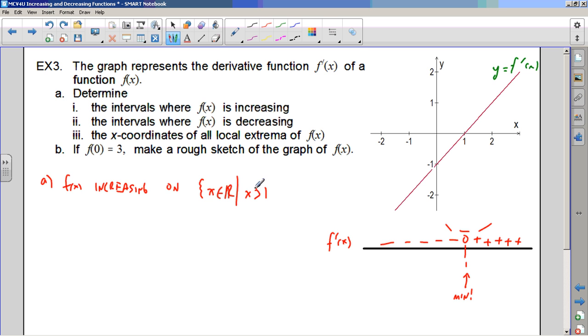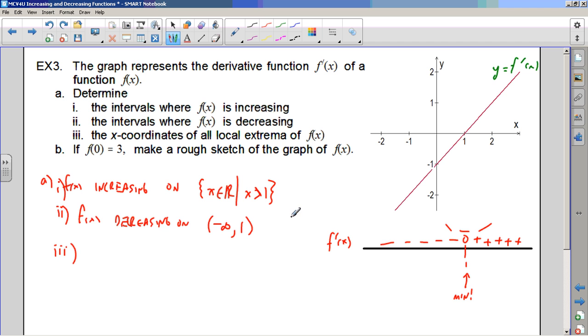Greater than 1. We don't include the spot where the derivative is equal to 0 because it's not increasing at the maximum, or minimum rather. Decreasing from there over is negative infinity to 1.